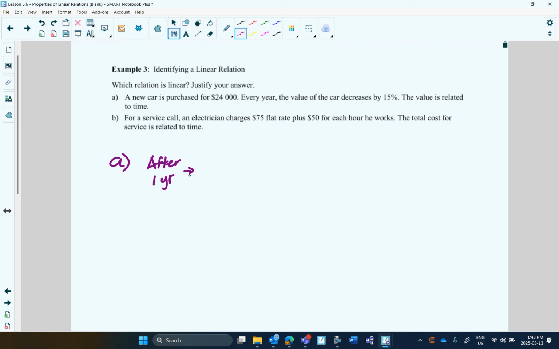Yeah, 24,000 times 0.15, which gives us 3,600.